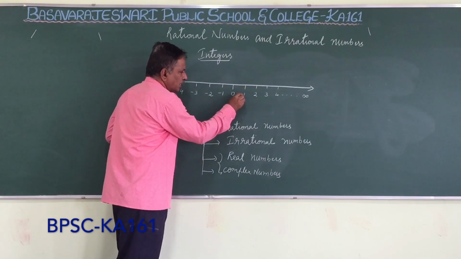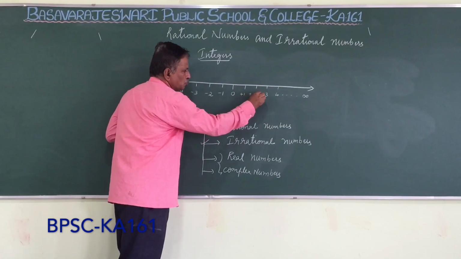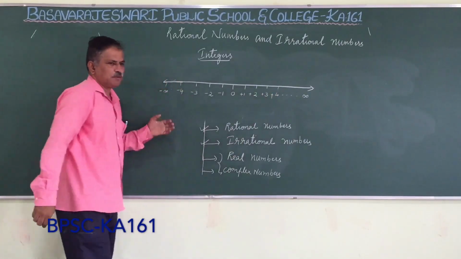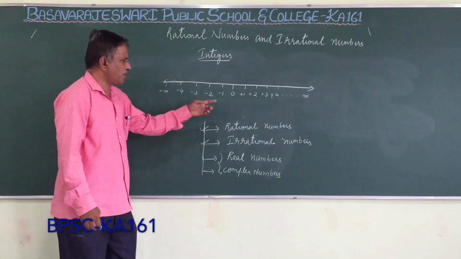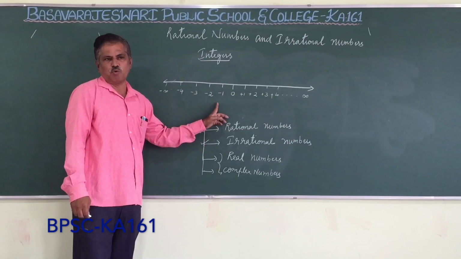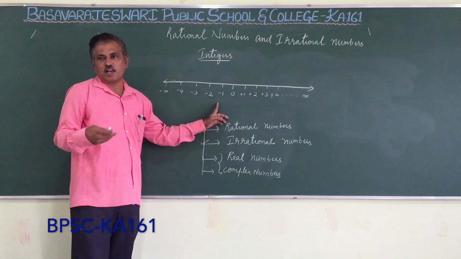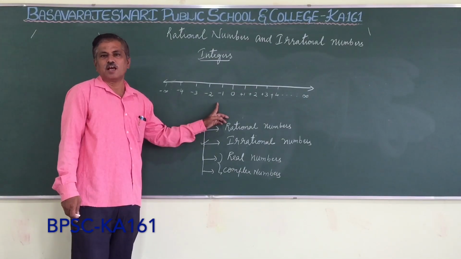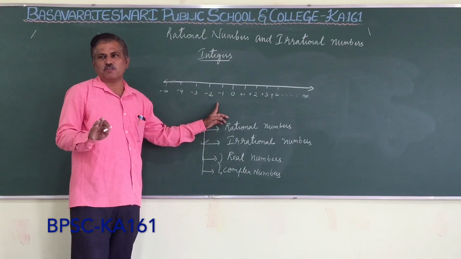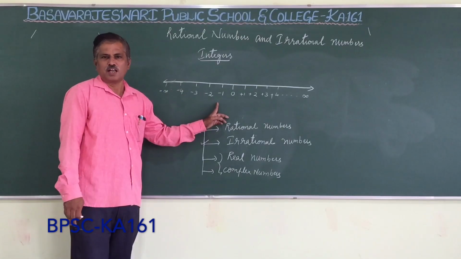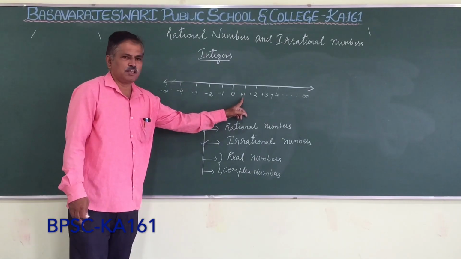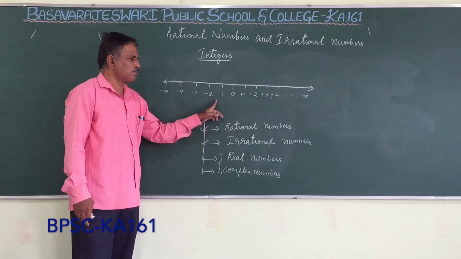So counting numbers are nothing but +1, +2, +3, +4. The mirror image of that will be what? For +1 it will be -1. We know that in a mirror, when we lift the left hand, it appears to be the right hand. Similarly, when you lift the right hand, it appears to be the left hand. So therefore, the mirror image of +1 is nothing but -1.